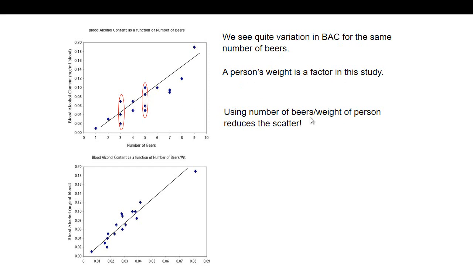Using number of beers as a percent of weight of a person reduces the scatter. So weight influences the blood alcohol content, and so here weight is a lurking variable that wasn't considered in the first figure.